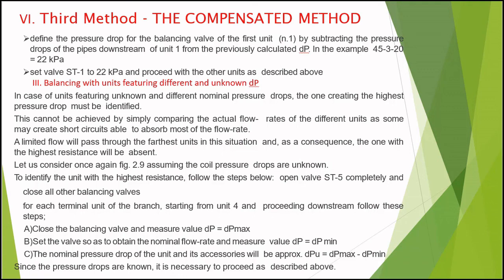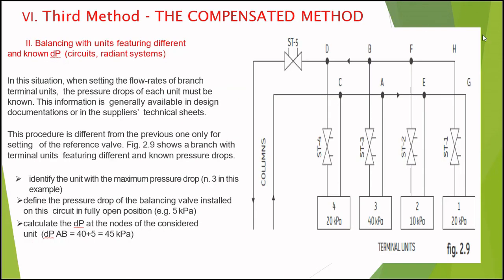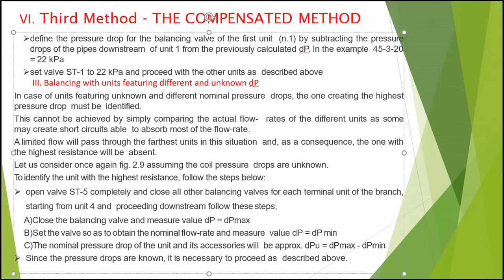Now let's consider once again figure 2.9, assuming the coil pressure drops are unknown. So to identify the unit with the highest resistance, we have to follow the next steps.